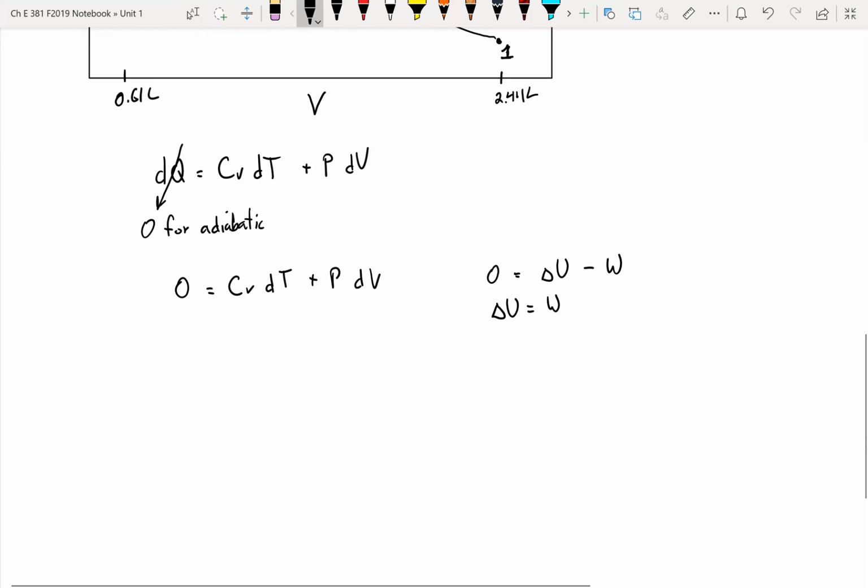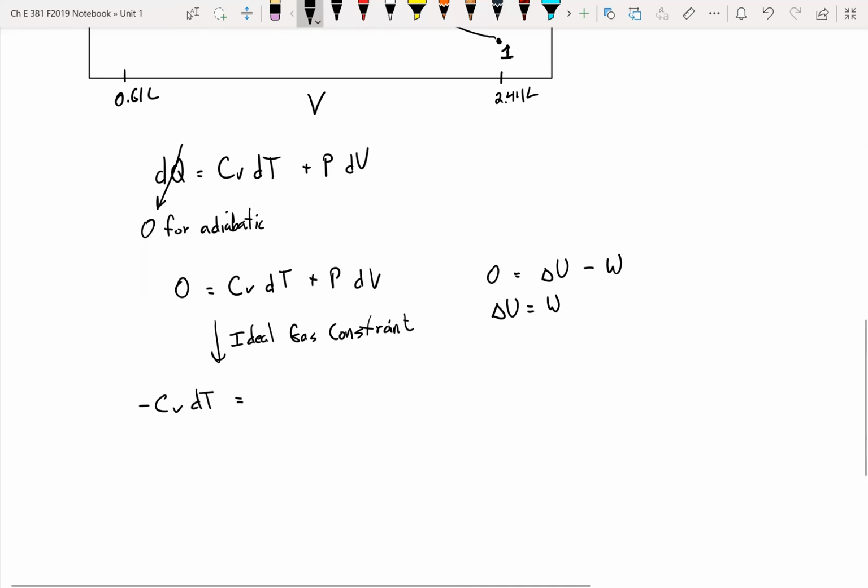All right, so if we want to do some calculations with this, one thing that we could do is make an ideal gas law constraint. And so then I'll have minus CV dT on the left-hand side.